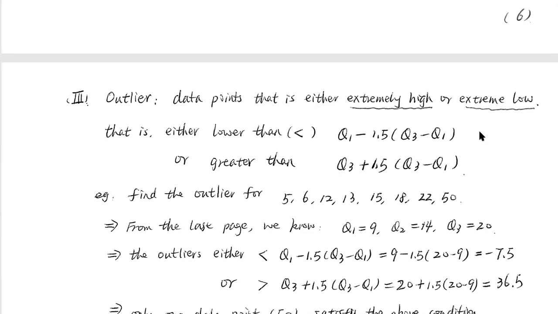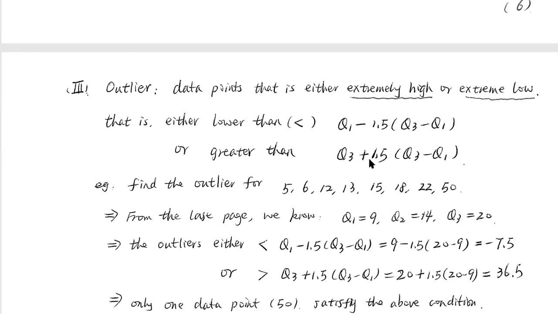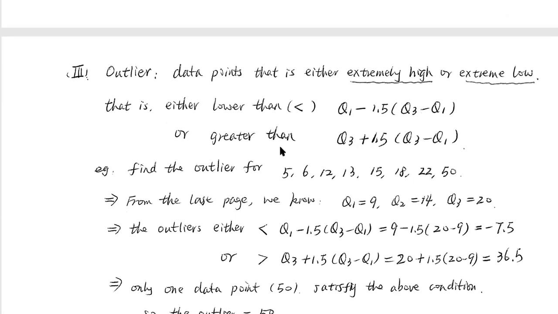So the question is, how do we really define when we say extremely high or extremely low? So here we provided one way to do that, everybody. It turns out this way here is not the best way. Let me put it that way. If you study more statistics, there is actually a much better, more rigorous way to define outlier.